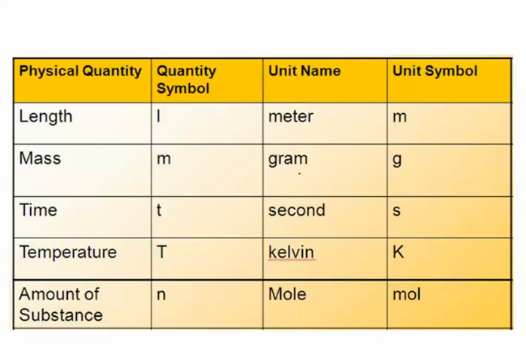If we're talking about length, the standard length of a meter has been defined as how far light travels through a vacuum over a specific amount of time. And so these things all have standards that we can use to help us figure out how big they are.